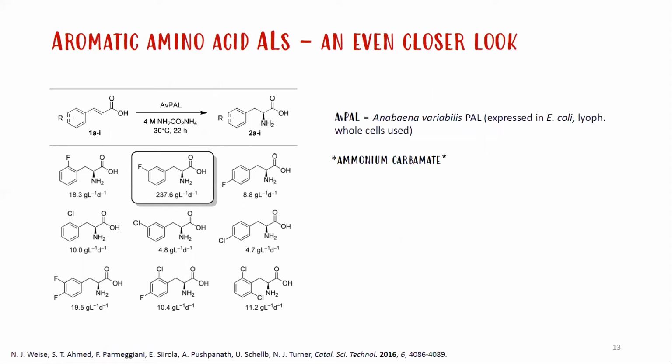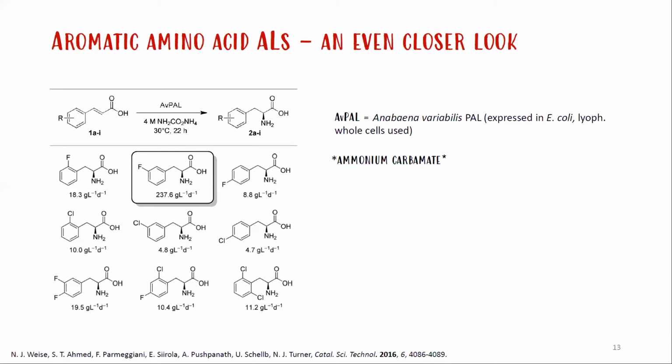A couple of years ago, I believe, the group of Nicholas Turner in cooperation with Johnson Matthey were able to reach a pretty impressive space-time yield for the production of this product here, and the transformation was mediated by a phenylalanine ammonia lyase from Anabaena variabilis, which is a species of cyanobacteria actually. So these enzymes are also present in cyanobacteria.